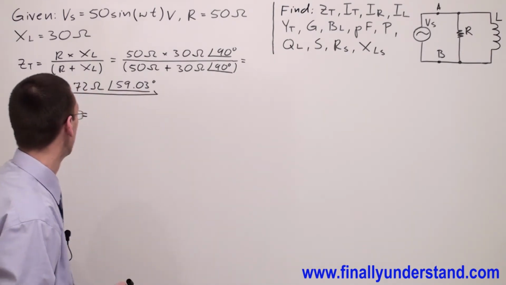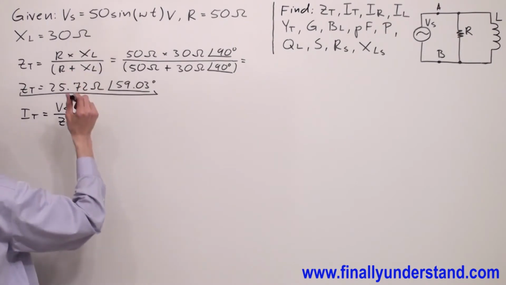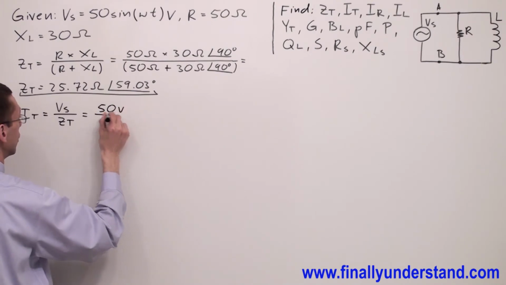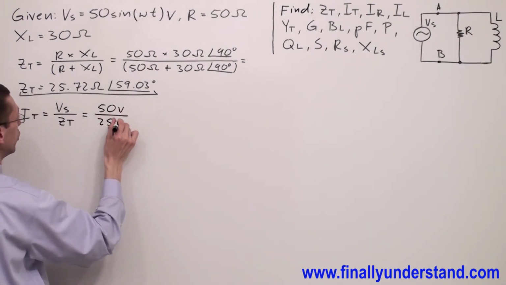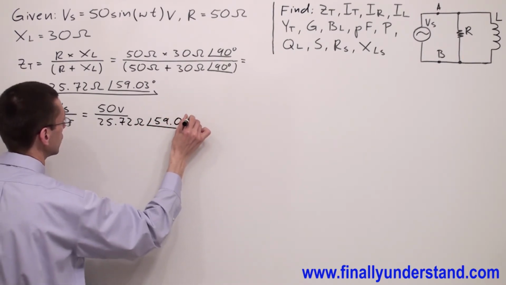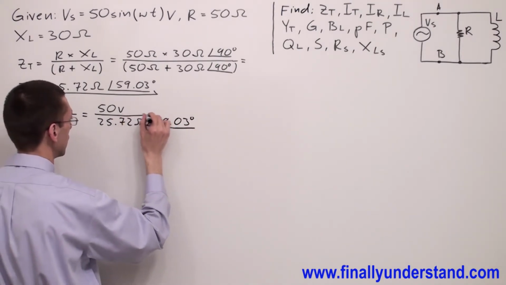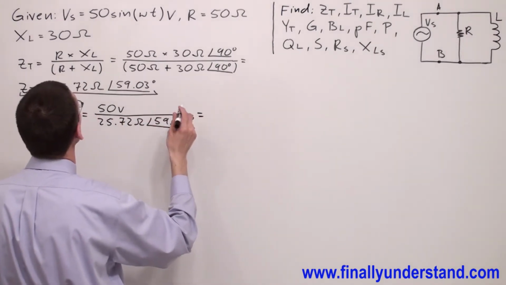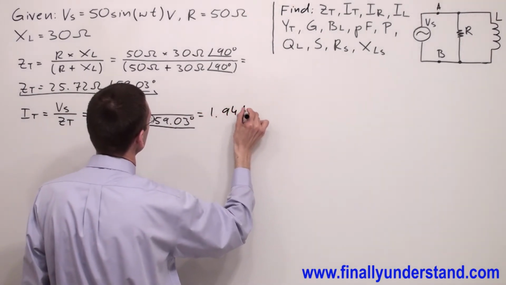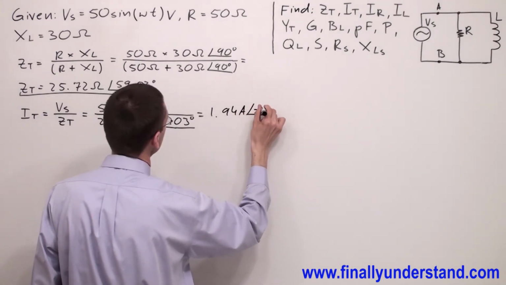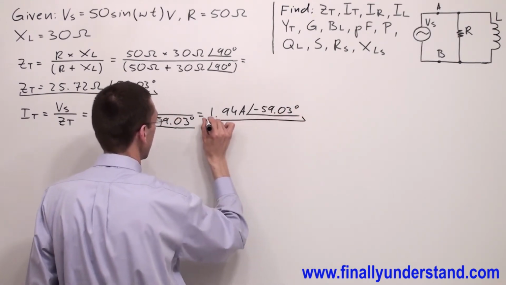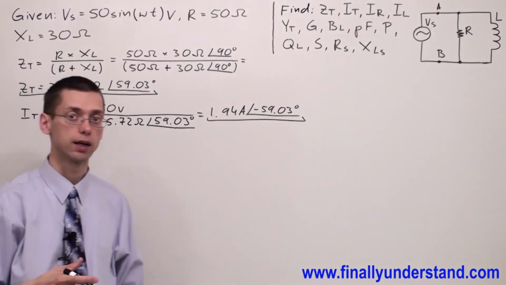So this 50 is my 50 volts peak, my amplitude, over Z total, which is equal to 25.72 ohms and angle of 59.03 degrees. Everything is equal to 1.94 amps and angle of negative 59.03 degrees. So this is I total in my circuit, total current.